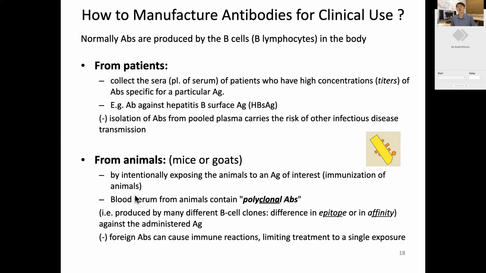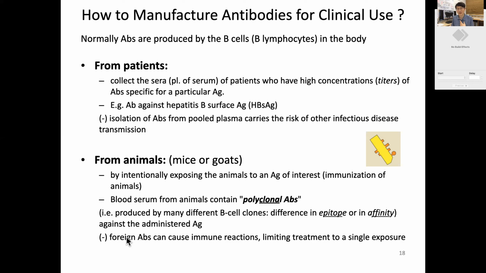So what will be an issue here compared to antibody from patients? From patients, the antibodies are human antibodies, while from animals, the heavy and light chain constant regions will be from the animal, and that is in fact foreign to the patient for clinical use.